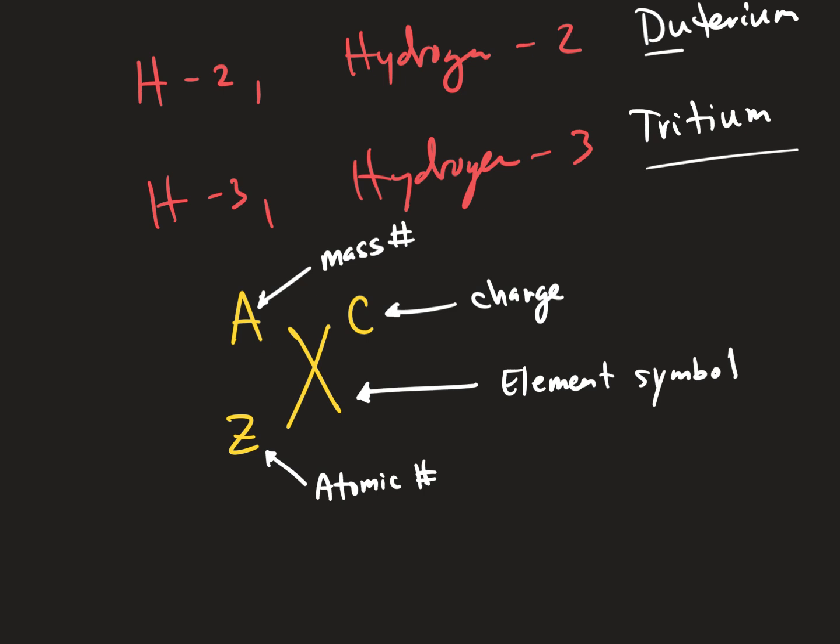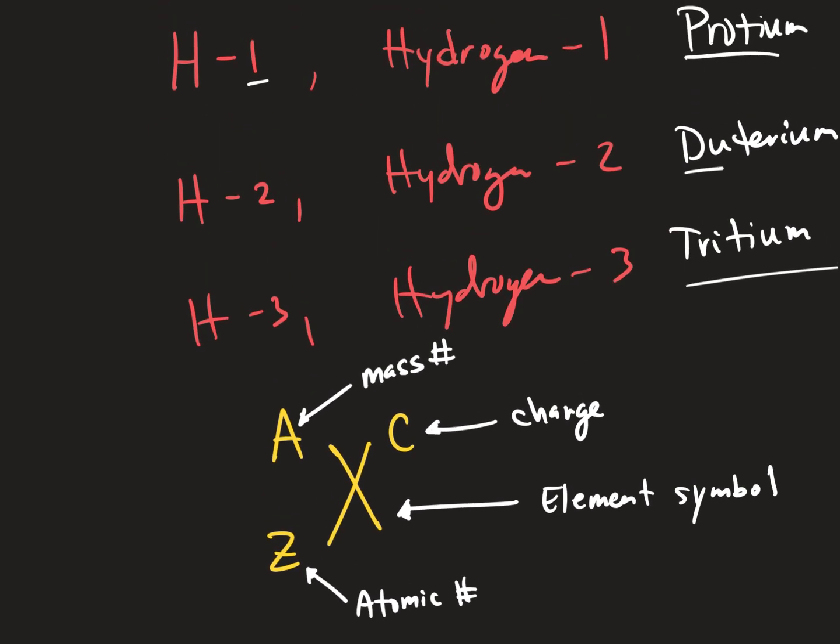So if we write this isotope symbol for these isotopes up here, what's the hydrogen 1 going to look like? H is the element symbol. What number goes on top? What number is the mass number? 1. What is the Z, the atomic number? 1. And what's the charge? Well, 0 most of the time, until it reacts with something.